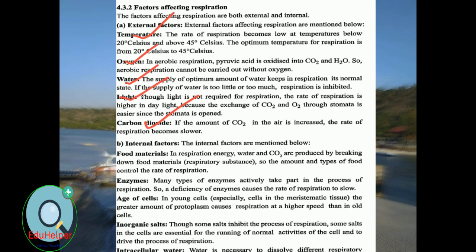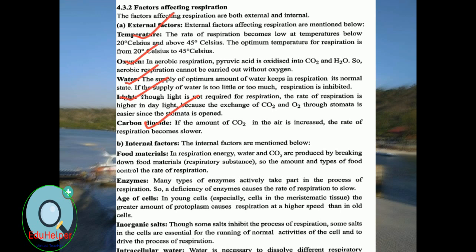And there are a few more factors affecting plant respiration, like respiratory substances or substrates, different kinds of chemicals, electrolyte level, different types of inhibitors, and pH condition. These are also factors controlling respiration.